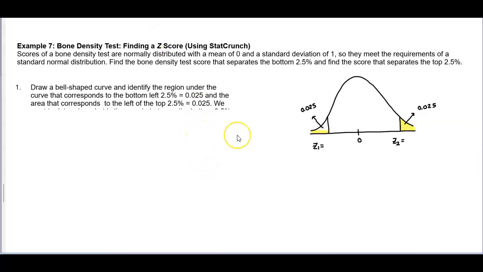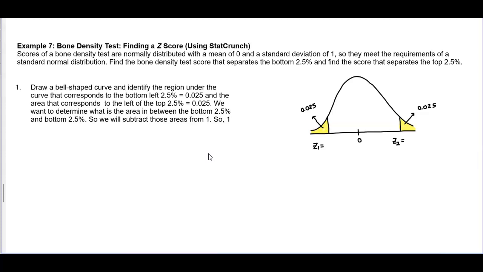Now when we're using StatCrunch, we can find the area in between. So we want to determine what is the area in between the bottom 2.5% and the top 2.5%. If we're looking for this area in between here, we know that the entire area under the curve is 1.